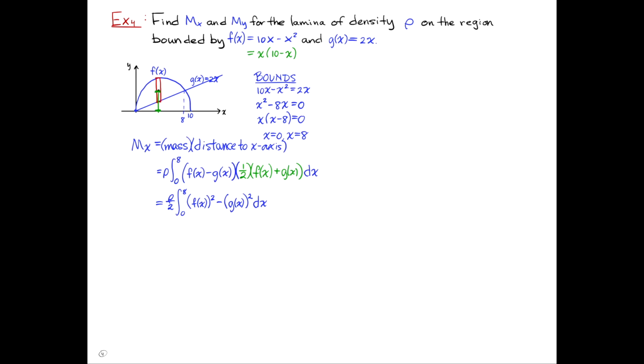Okay, and so that is equal to rho over 2, the integral from 0 to 8, f of x is 10x minus x squared, quantity squared, minus 2x, quantity squared, dx. And I will leave it up to you to do that integration to simplify. When you do, just to check your work, you should get the answer of 6,144 rho divided by 5.